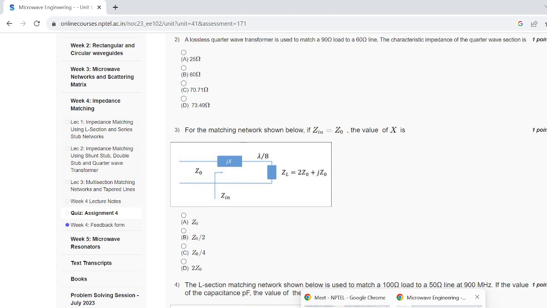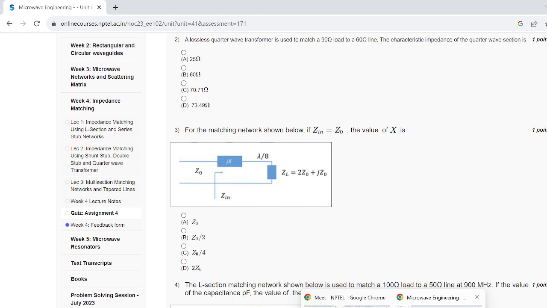You have a load impedance, then a series-connected unknown impedance, and a length of transmission line of lambda by 8. So it is the simple question of transforming the impedance.